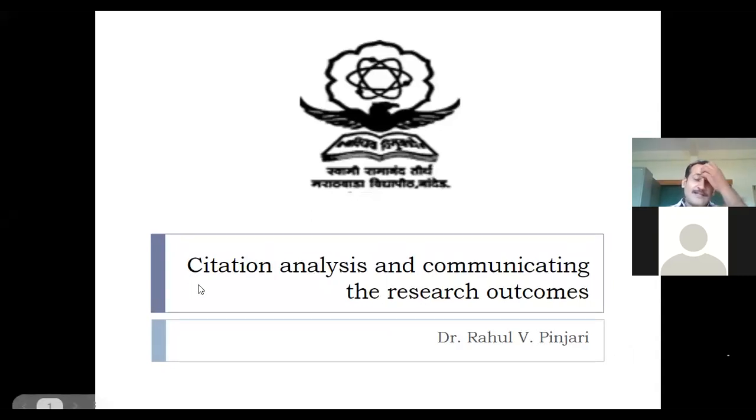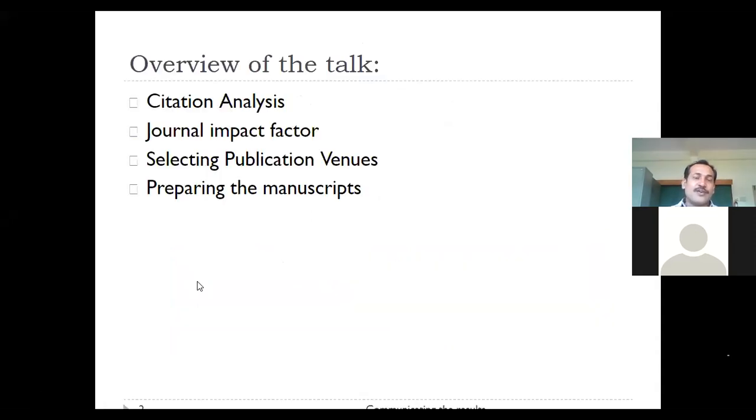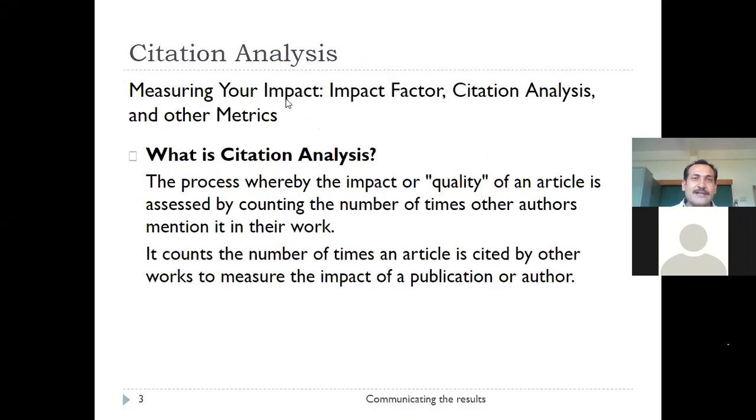So the lecture's topic is citation analysis and communicating the research outcome. Today's talk will cover tentatively these points. First is the citation analysis.